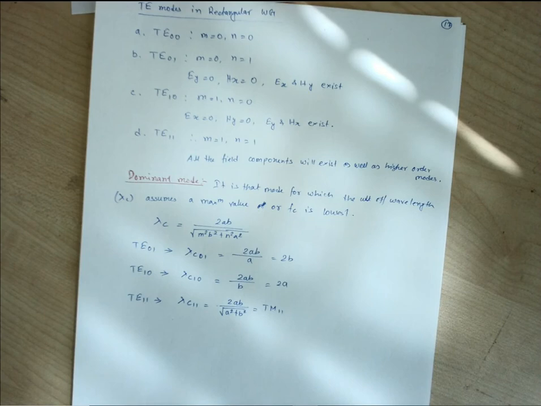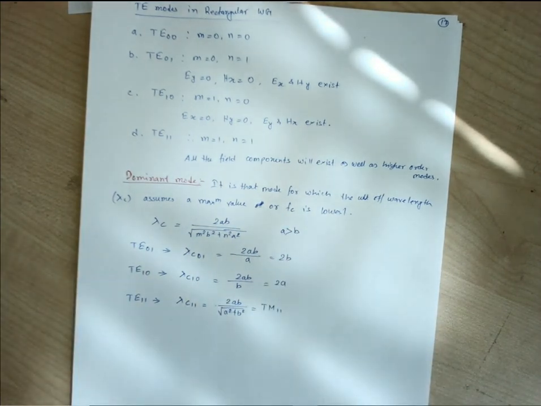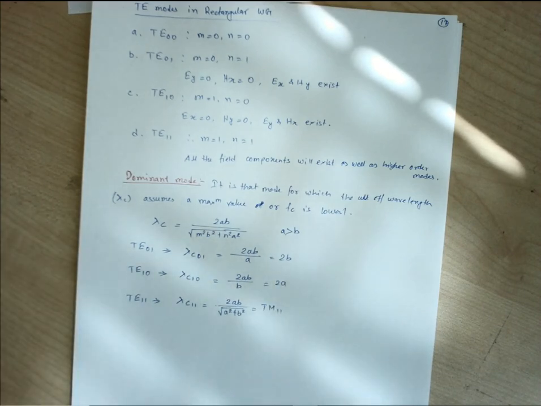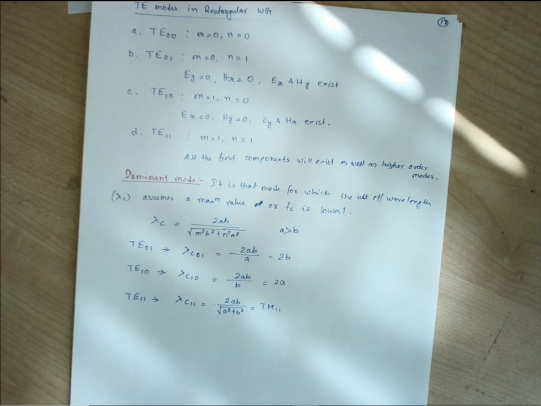For the waveguide we have considered A is greater than B. A is the higher dimension, B is the smaller dimension of the waveguide. So out of all these cutoff wavelengths, 2A is the highest one, because A is greater than B.